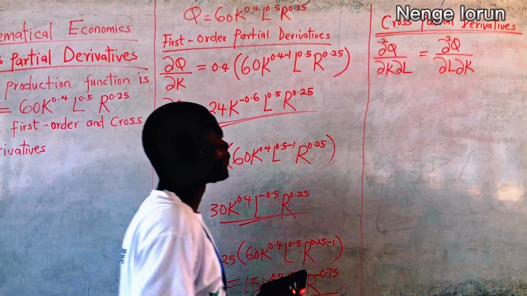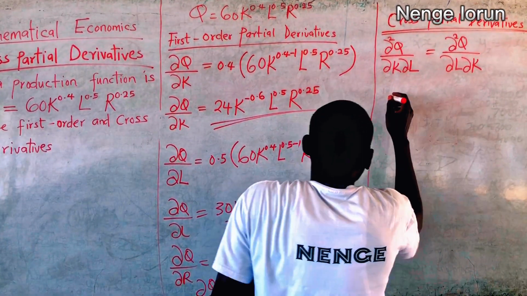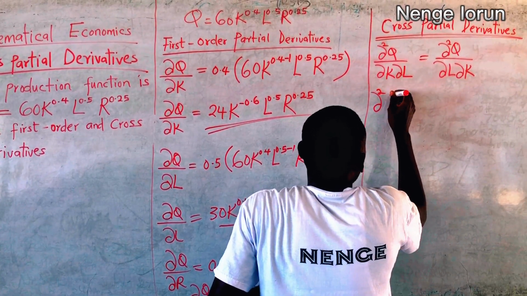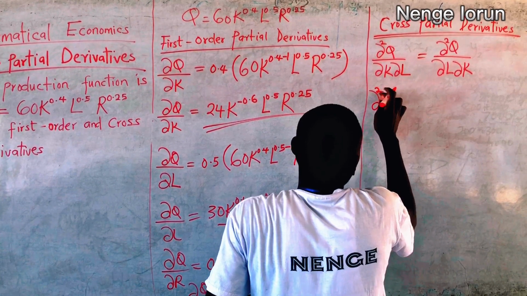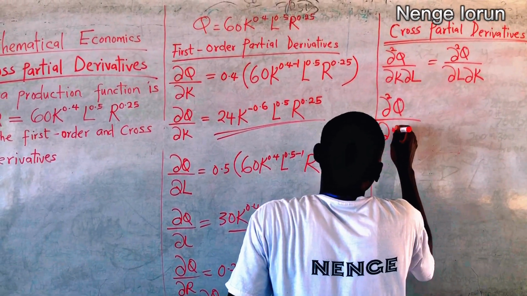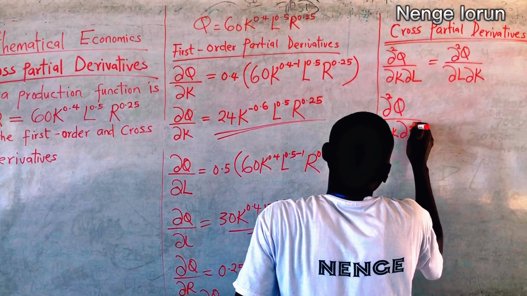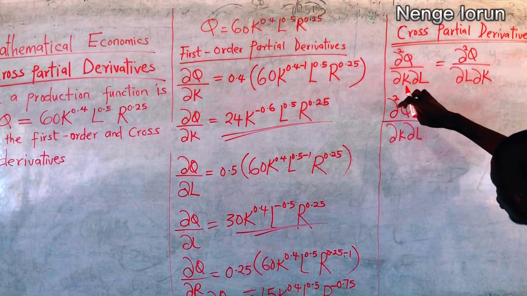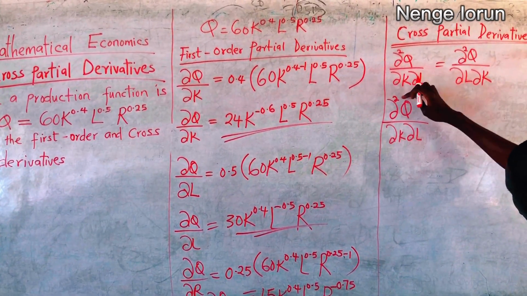So let's flow. A cross partial derivative of Q is a second derivative. These two here stand for second derivative. With respect to K and with respect to L means that you have two of this thing here. That is the essence of this square.